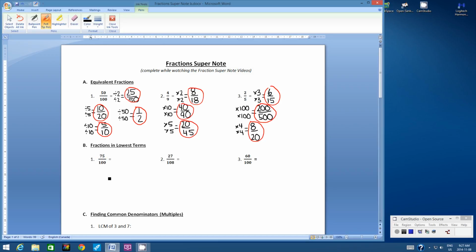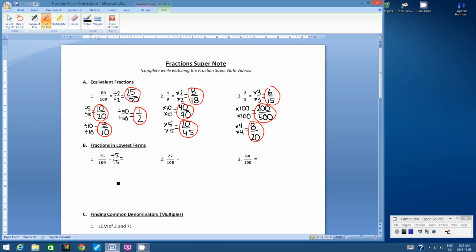And we have to keep going until we can no longer find any numbers that divide into the numerator and the denominator. So if we use our divisibility rules, we see that the numerator ends in 5 and the denominator ends in 0. So a good place to start is if we divide the top and the bottom by 5.